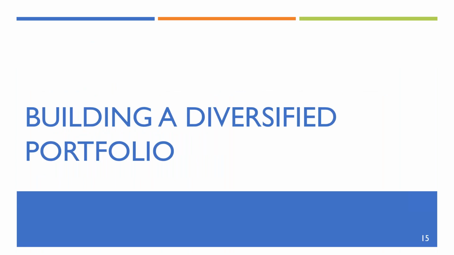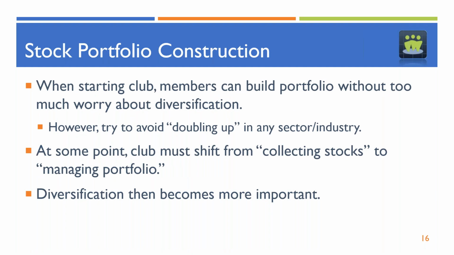So let's talk about building a diversified portfolio in the first place. Stock portfolio construction is something that new clubs often don't think about. They don't need to think about it. Club members can buy the best stocks they can find without worrying too much about diversification, as long as they don't double up in any particular sector or industry too much. So they can go ahead and start collecting stocks.